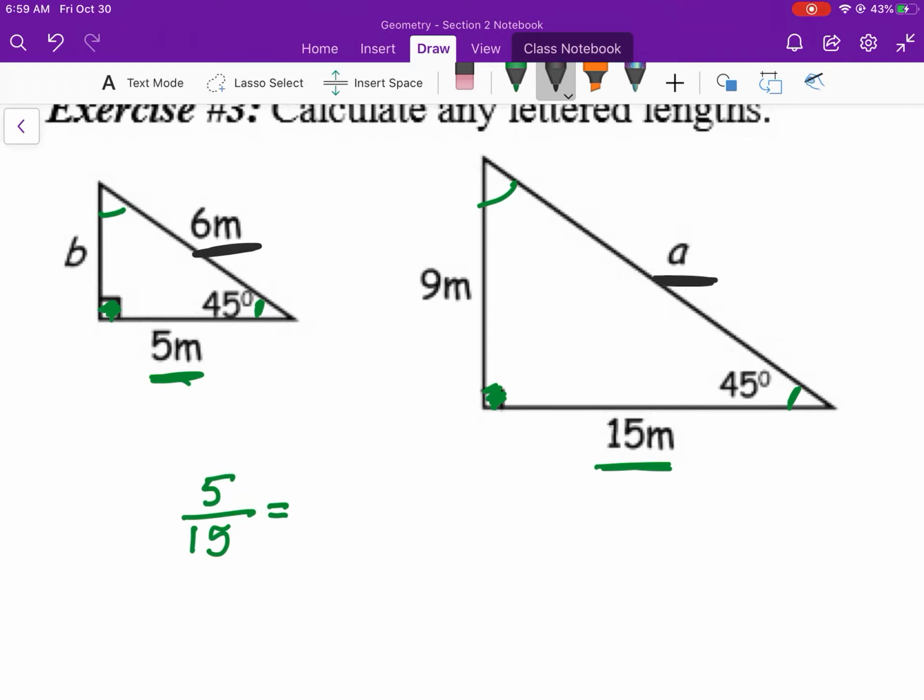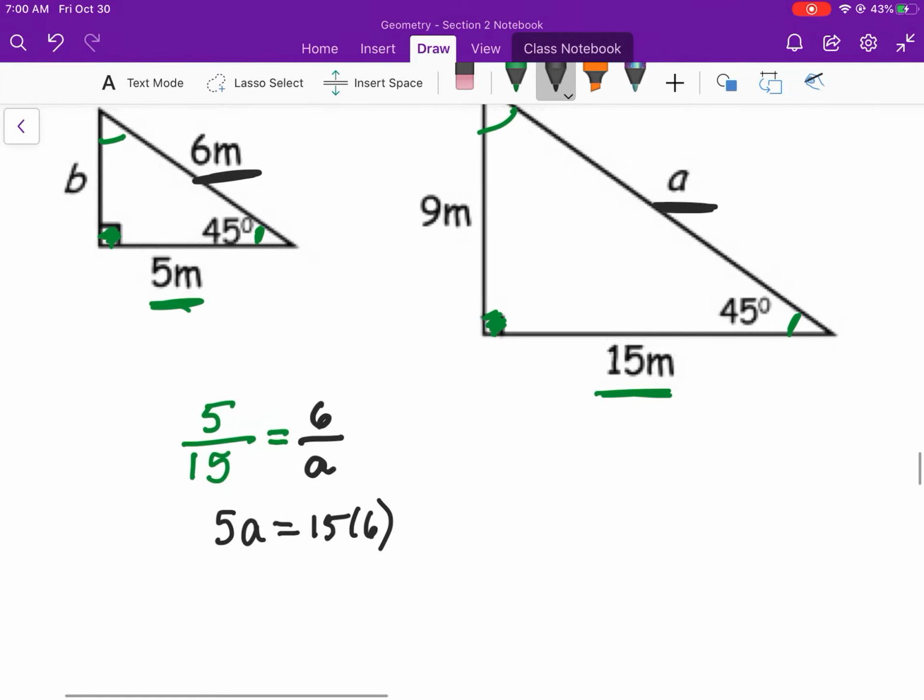Since I put the 5 on the top, I have to make sure I put the 6 on the top and then A on the bottom. And if I'm paying attention, I notice that 5 times 3 made 15. Or I can cross multiply, right? 5A equals 15 times 6, and I can figure it out that way. However I figure it out, A is going to end up being 18.